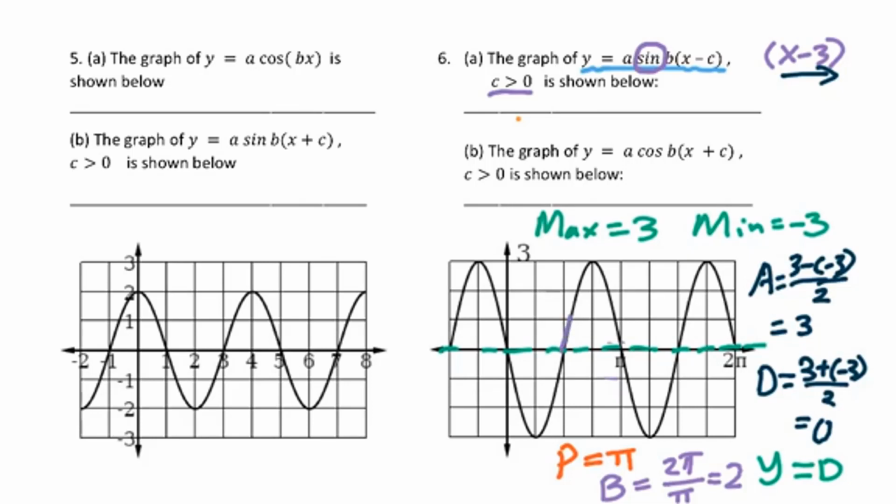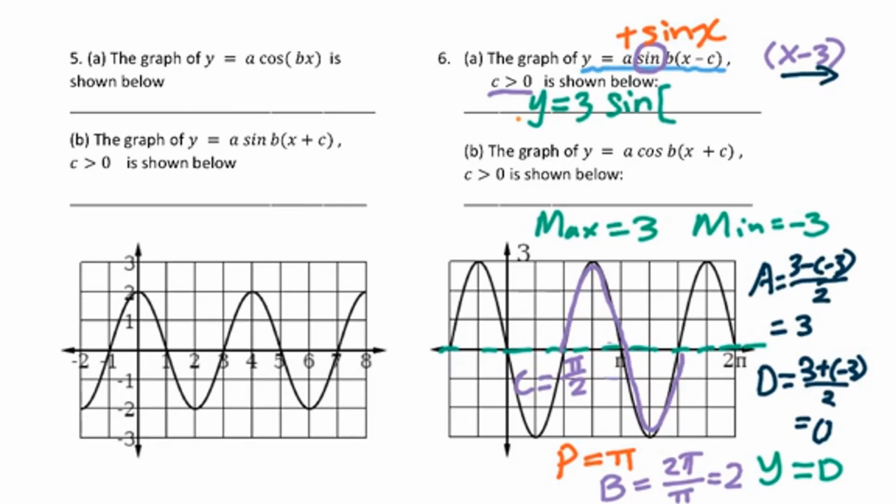This is the one you're drawing. Starting point will be pi over 2. That's C equals pi over 2. And we know this pattern is a positive sine x. Now we can write down that sine function. y equals A, which is 3 sine.